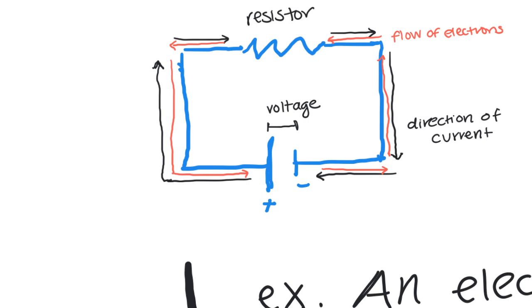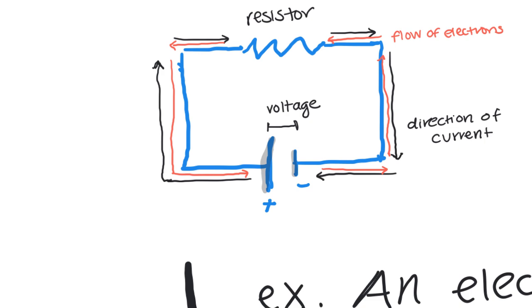Now, when we talked about voltage being the difference between electric potential energy at 2 points, our voltage here is the difference between that electrical potential energy from the positive terminal of the battery to the negative terminal. So that's kind of where we get our voltage, the difference in potential energy between these 2 points.